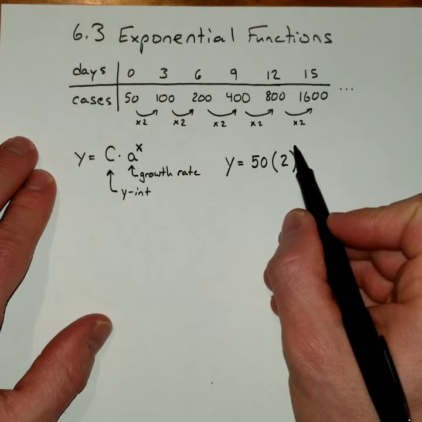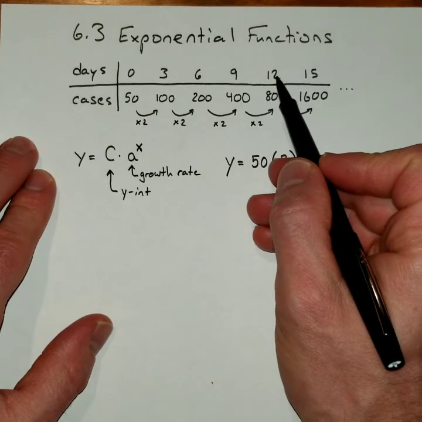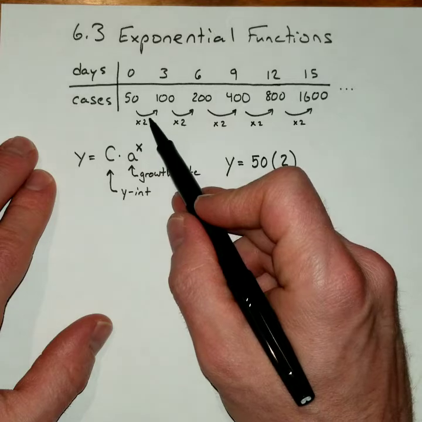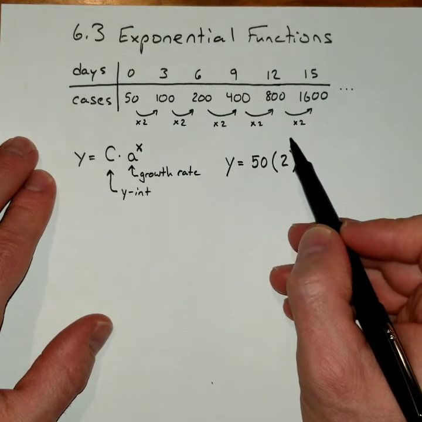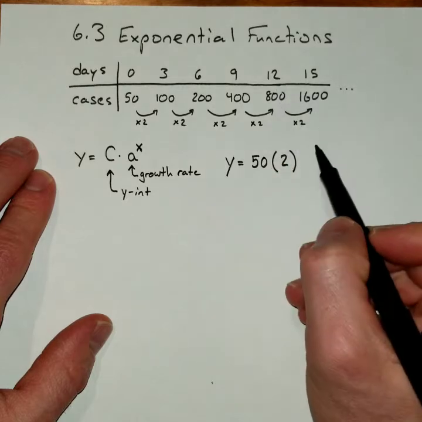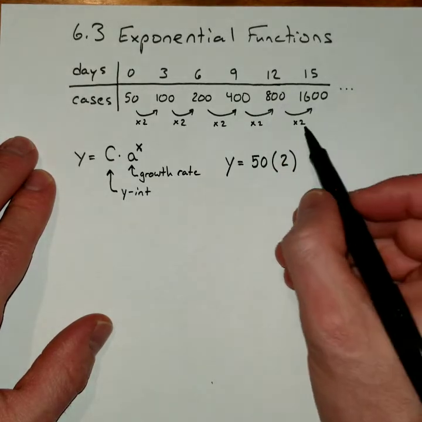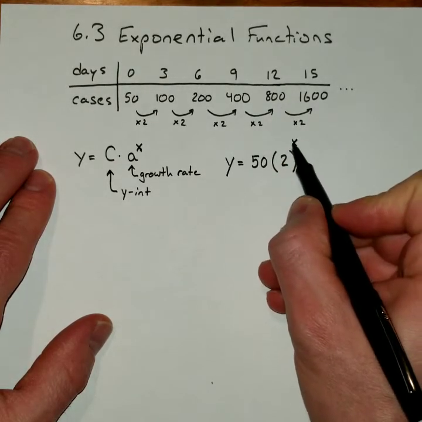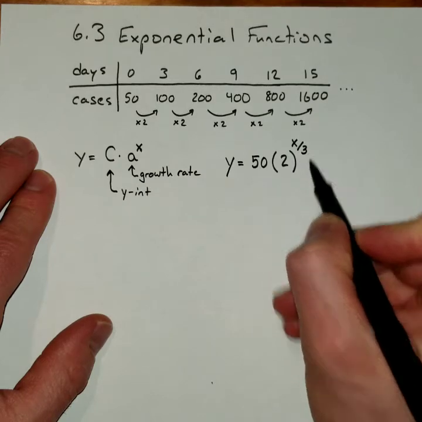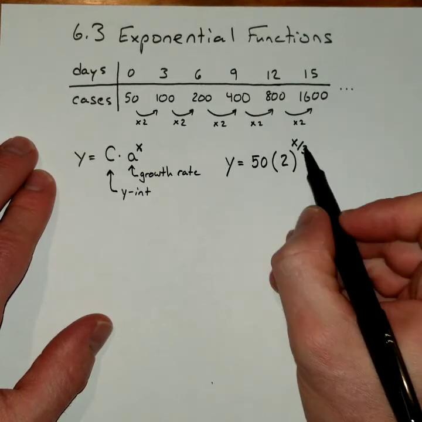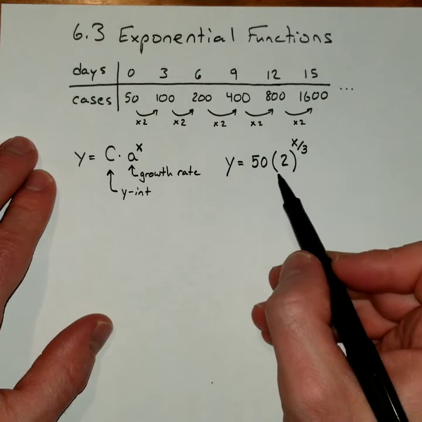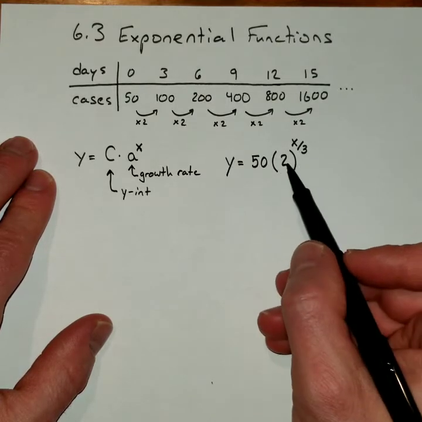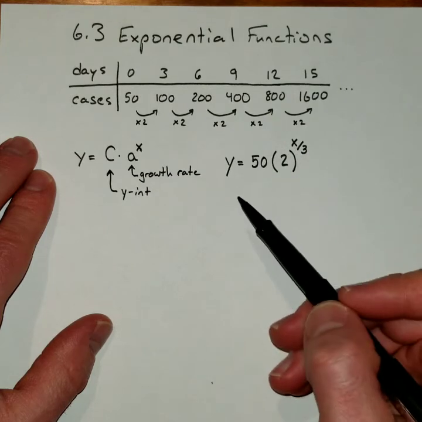So I want the power to be 2. If I insert a 12, for instance, I actually only want 4 2's. So I want this to be a 4 up here. So in order to get a 12 down to a 4, I need to divide by 3. And so I take the number of days, divide it by 3, and that will give me an exponent, in this case for the doubling time being every 3 days.